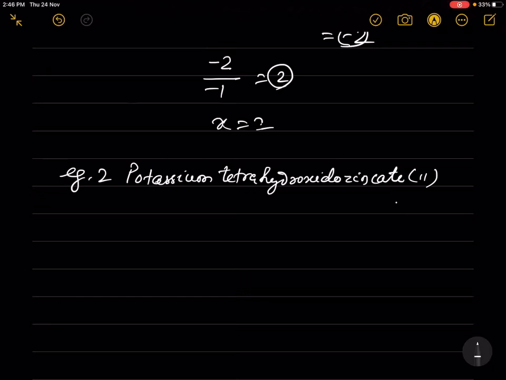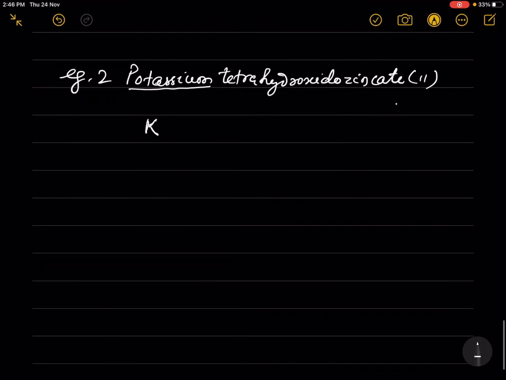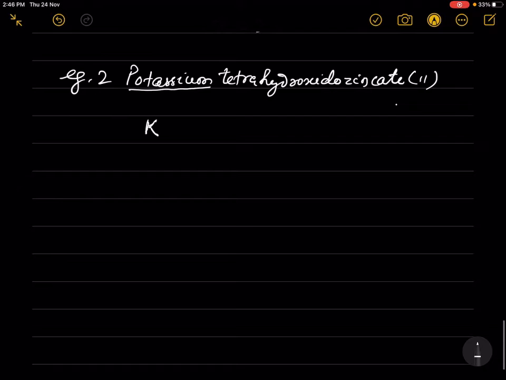You see, this is the counter ion, and the potassium, being a positive charge, should be written before the anion, K. But I do not know the number of K plus ions present here, so we have to write K X.